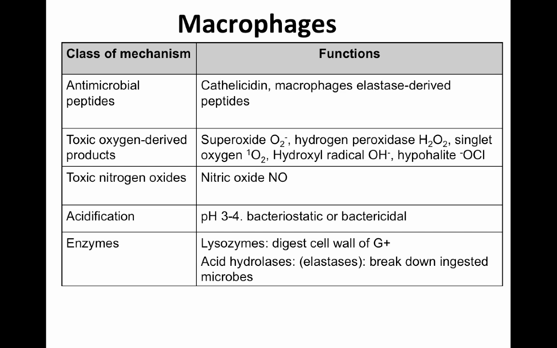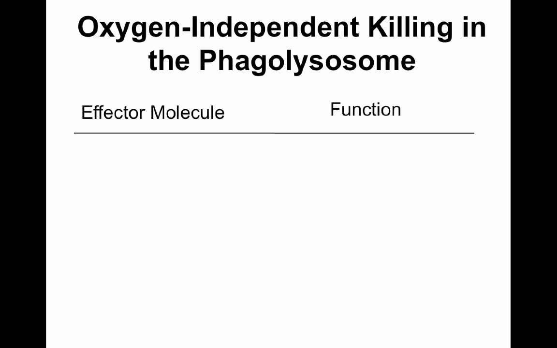In addition, acidification to a pH of about 3 or 4 has bacteriostatic or bactericidal properties. Finally, enzymes including lysozymes, which digest the cell walls of gram-positive organisms, and acid hydrolases such as elastases, which break down ingested microbes, are also used by macrophages to complete their phagocytic function.